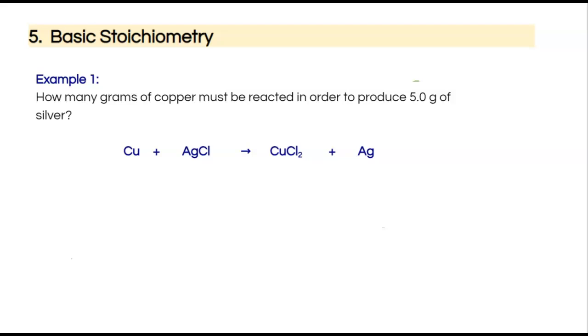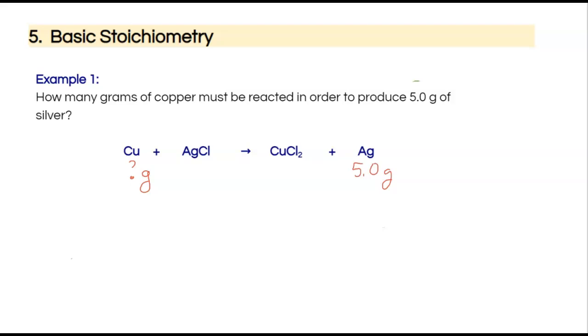For instance, I'm producing 5 grams of silver, so I like to write out that 5.0 grams right below. Then my unknown, the thing that I'm looking for, is the grams of copper. This is how I do it, and I'll write in the unit of measurement that's being sought.